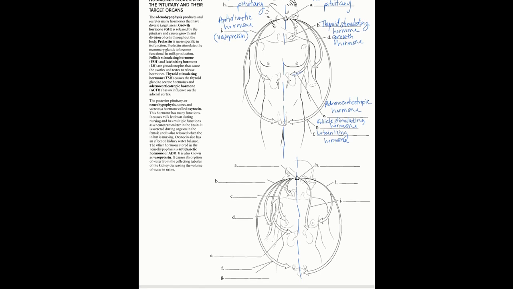She's looking to her right-hand side, so we're going to swap which side we're looking at, anterior versus posterior. So we have our anterior on this side, and our posterior pituitary on our right hand side.